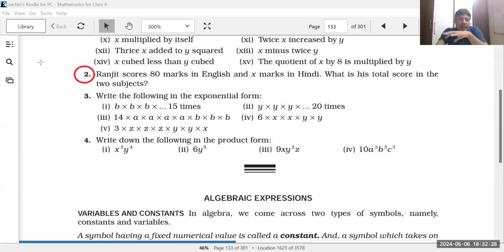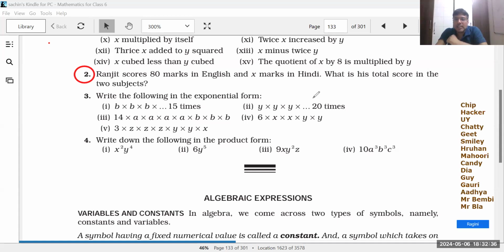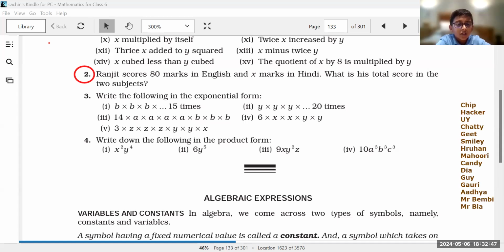Beta, its interpretation can be different, whether y is coming with 8 or y is coming with x, because you did not use brackets and because this is chat, it may or may not be able to interpret it properly. Leave it, beta. You have understood now how to do it in the notebook, so that's fine.